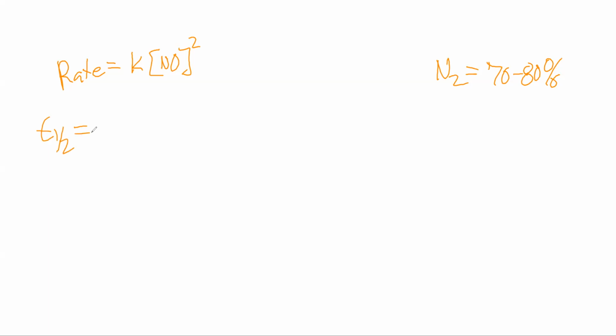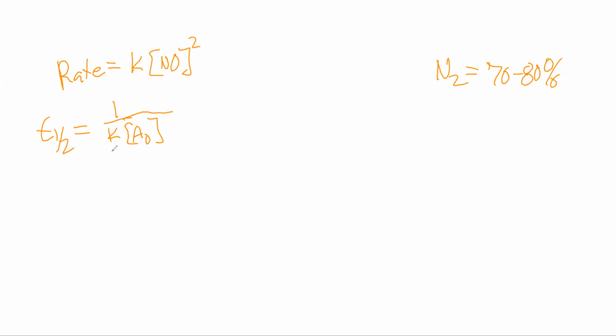One over the constant k times the initial concentration, right? Very good. Now, do we know this k value yet? Is it something that's given?